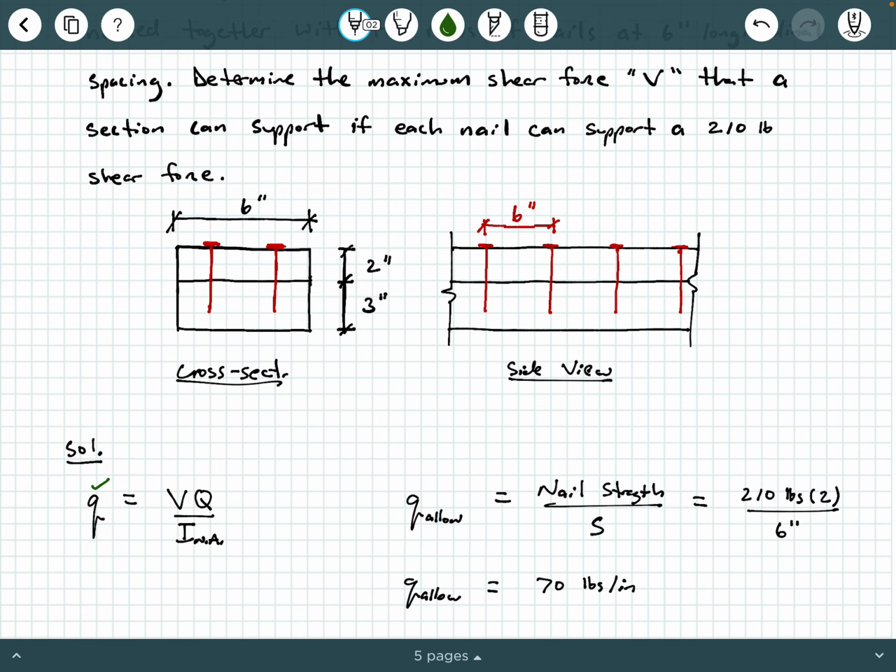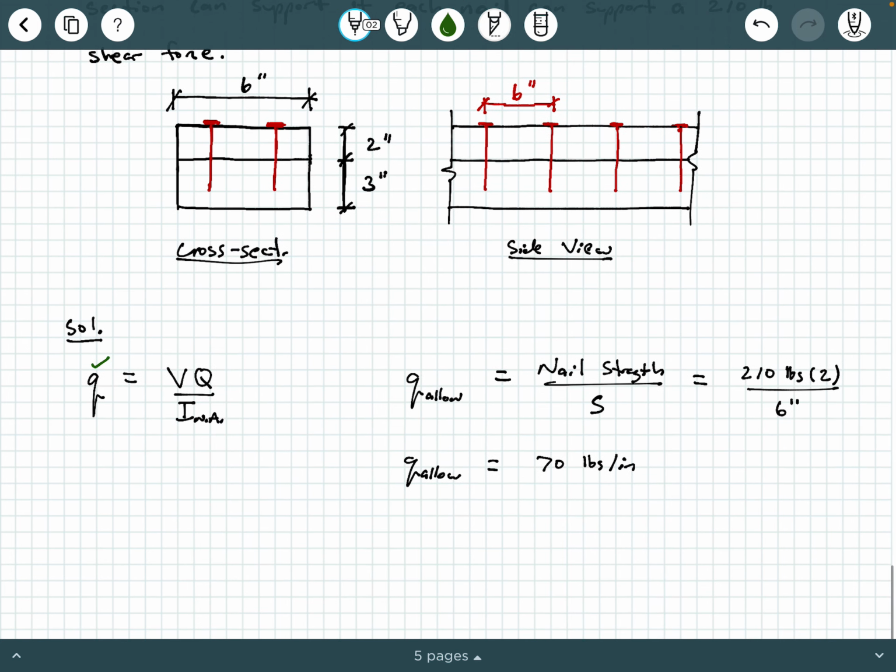What about I about the neutral axis? Well, this whole thing nailed together is one big rectangle, all right? So we're going to be able to say I about the neutral axis is b h cubed over 12. So that's 6 inches times 5 inches cubed over 12.